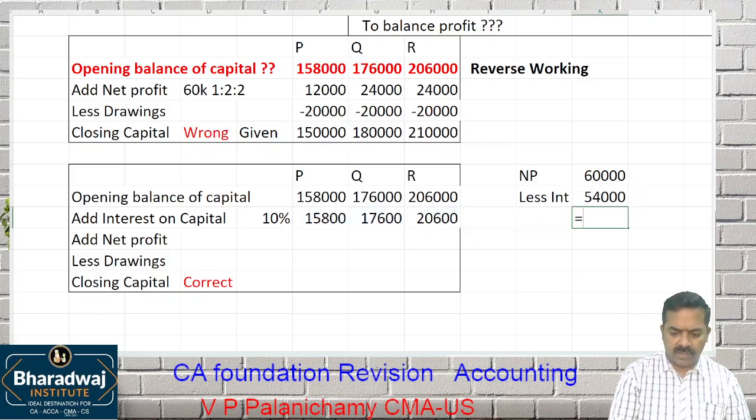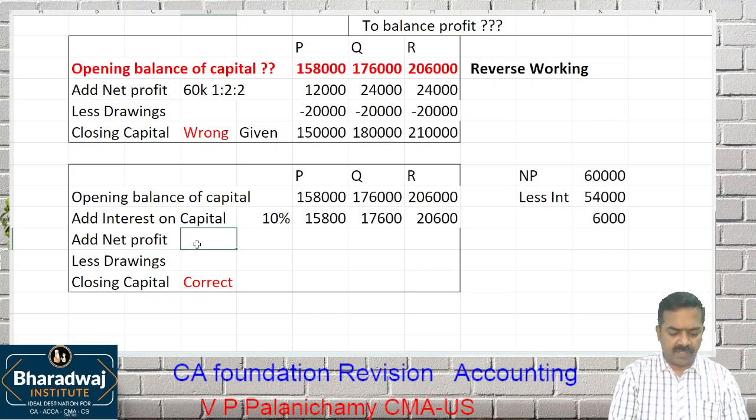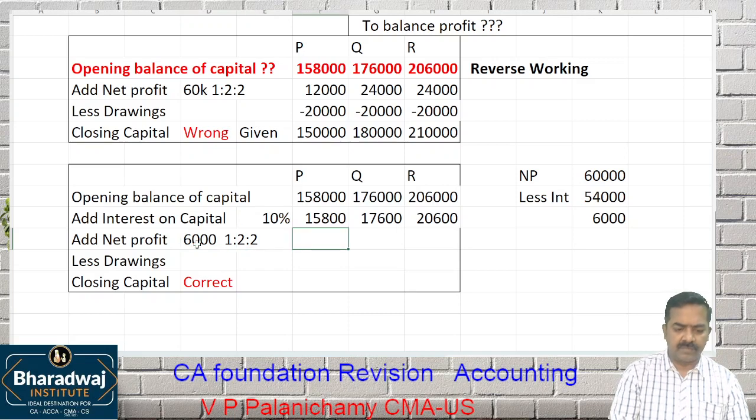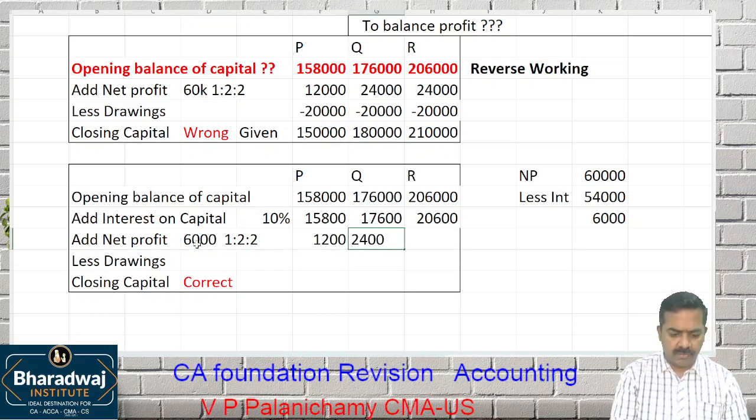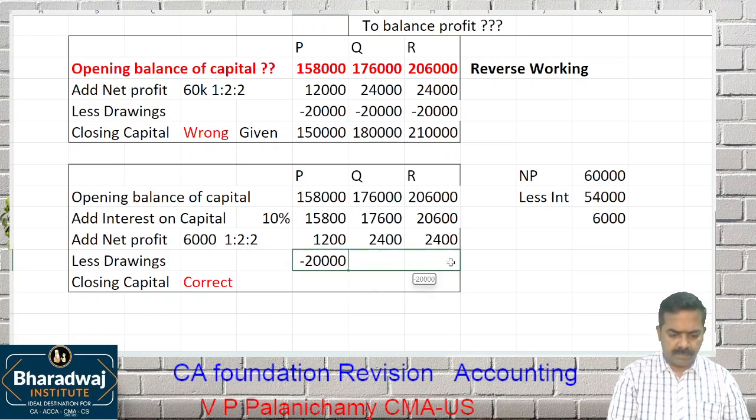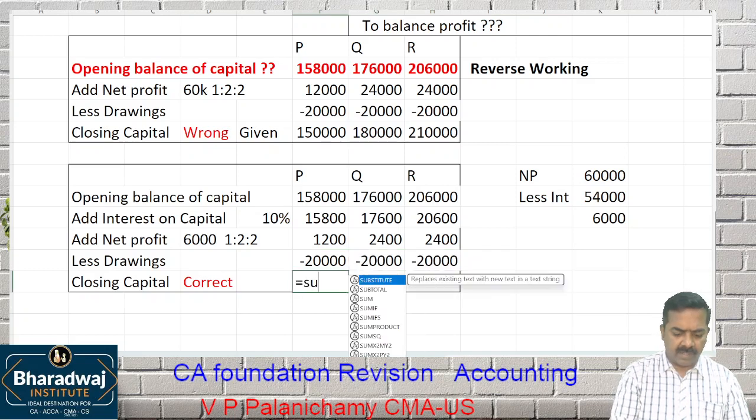So balance, what is the profit available? 6,000. So now net profit after interest is 6,000. This will be distributed in 1:2:2 ratio. It will be 1,200, 2,400, 2,400. Now reduce drawings. Then you will arrive at the correct balance of capital.